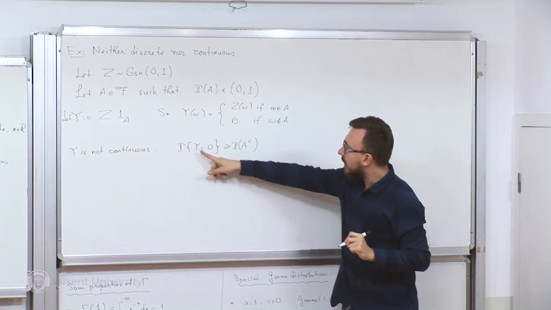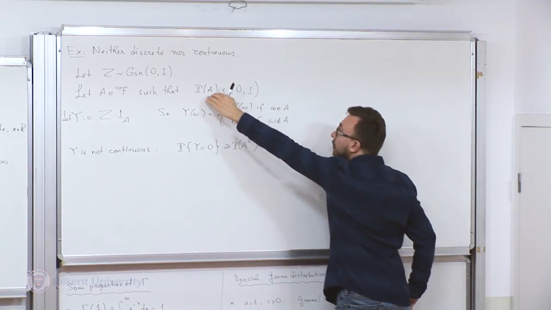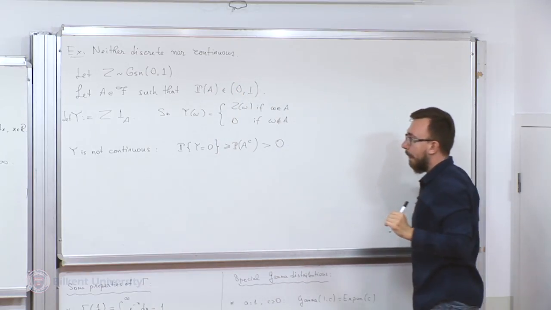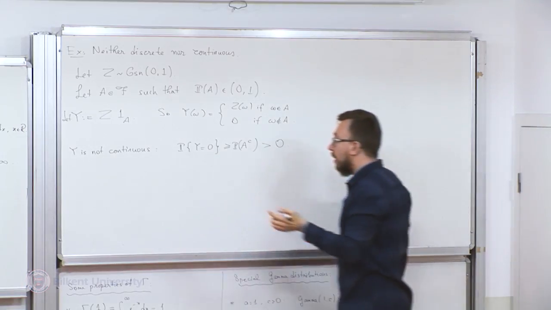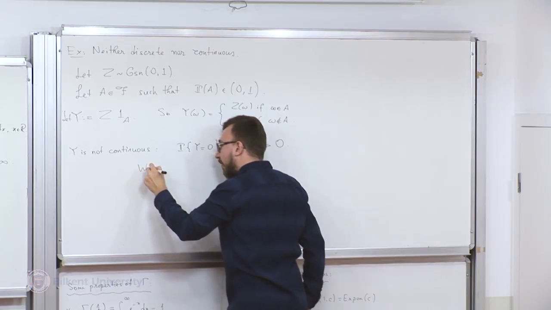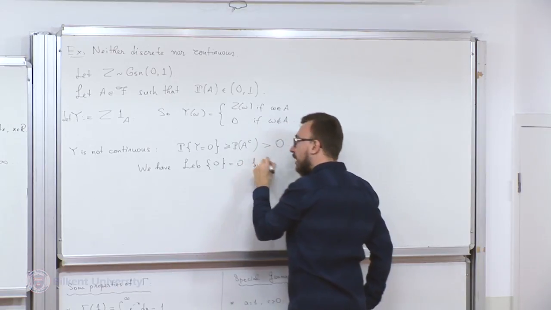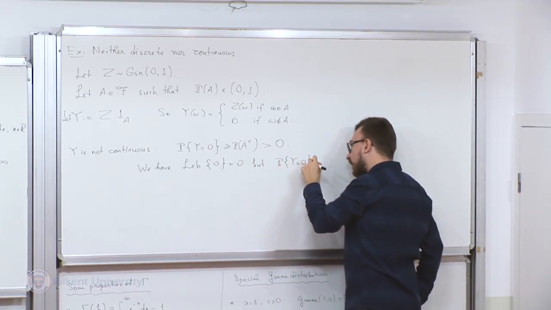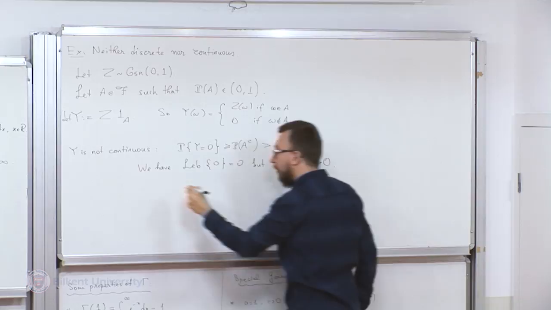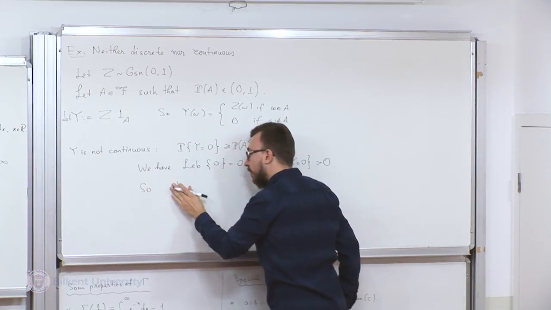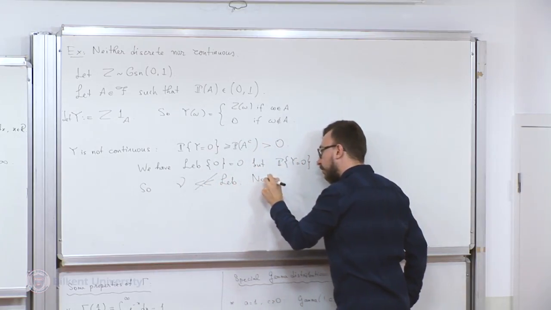This is a subset of this. Therefore, we have this relation. And this is strictly positive because we assume the probability of A is strictly below 1. So this means the distribution has an atom. The Lebesgue measure at 0 is 0, but the probability that Y equals 0 is not. So this is a contradiction to absolute continuity. We cannot have the distribution absolutely continuous with respect to Lebesgue. So, not continuous.